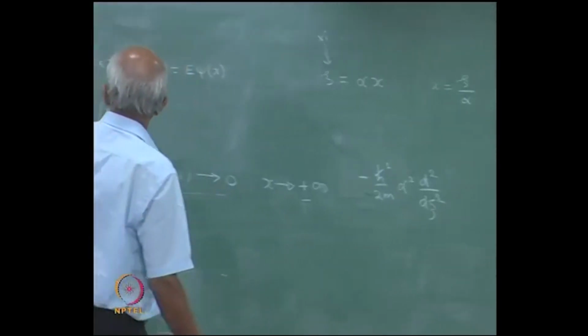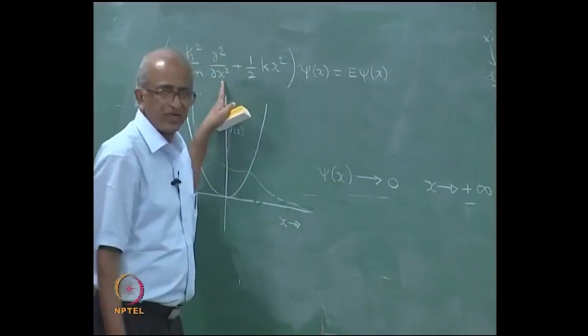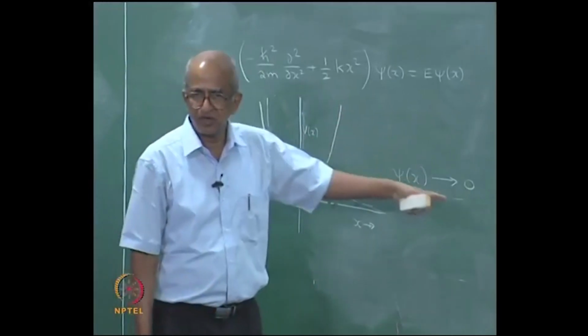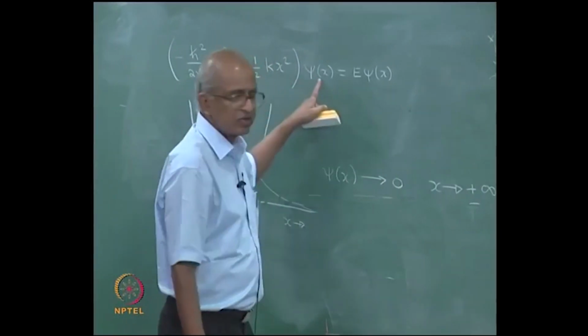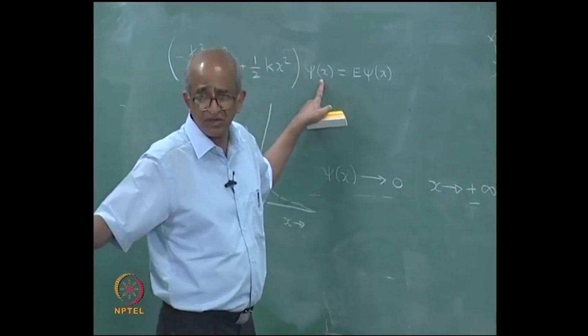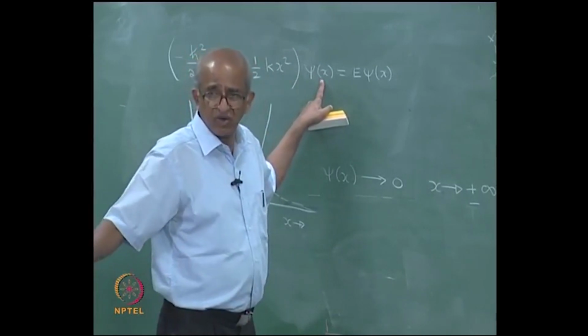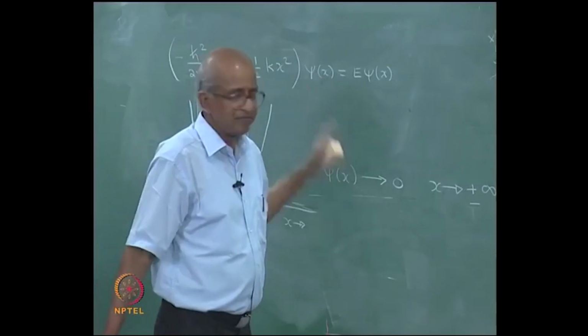Notice also that I was using partial derivative notation which really is not needed, so I am not writing it anymore. Why? Because this operator is going to operate only upon psi, which is a function of x alone, only one variable is there in psi.